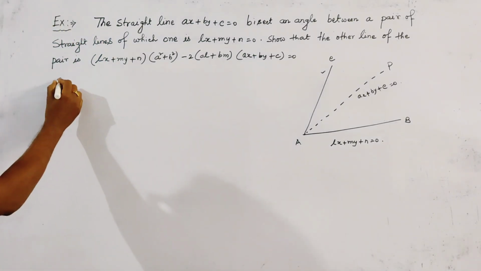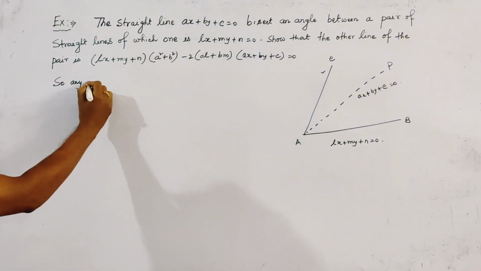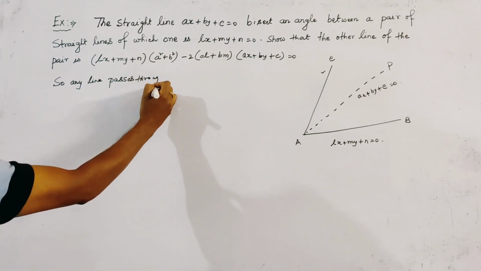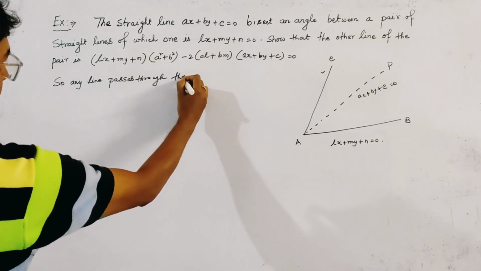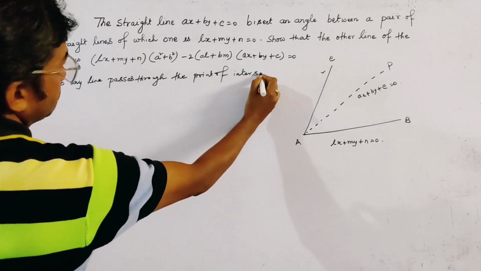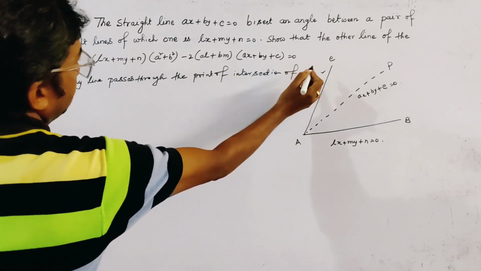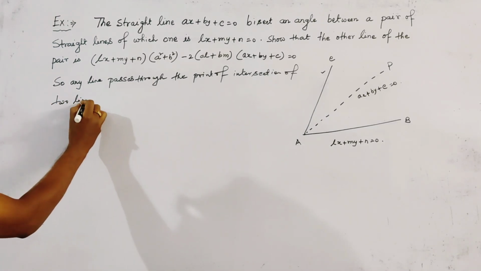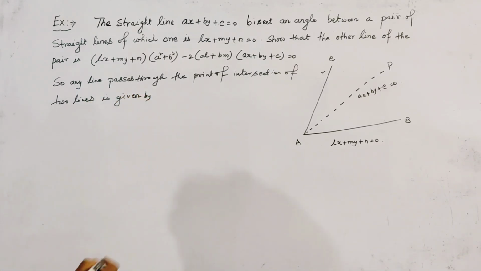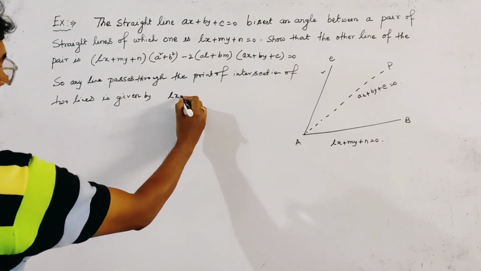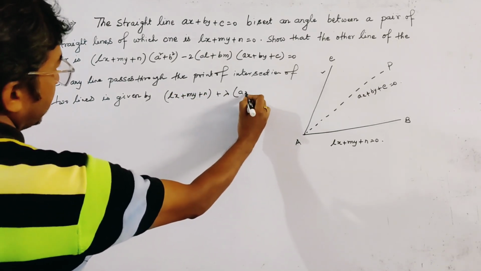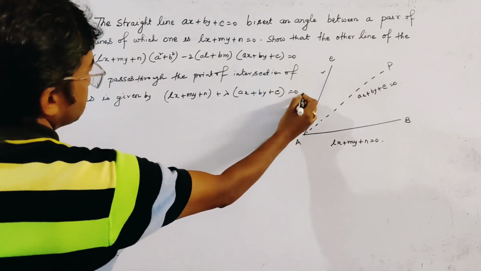Any line passing through the point of intersection of two lines is given by lx plus my plus n plus lambda into ax plus by plus c equals 0.